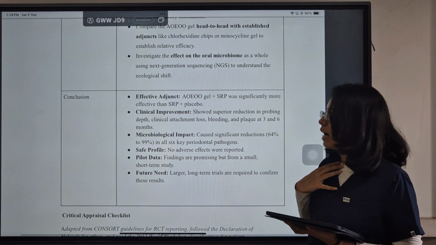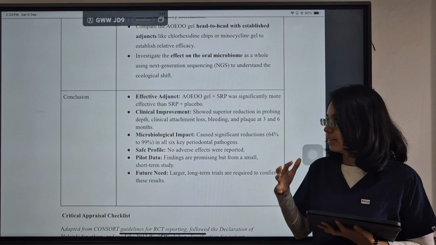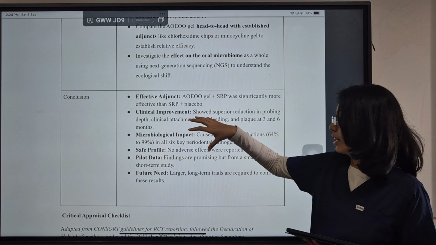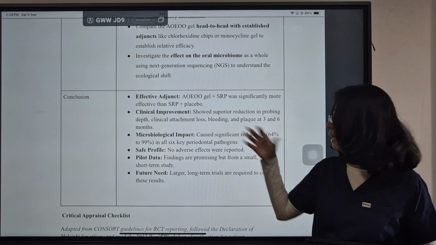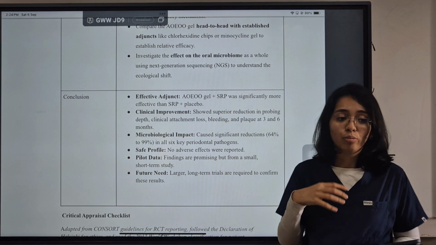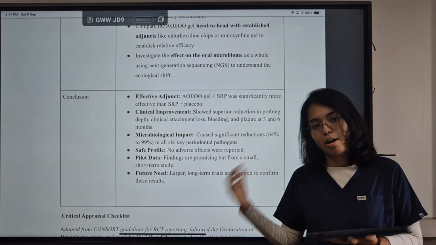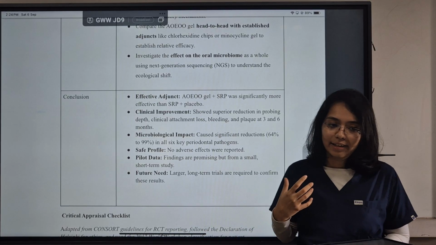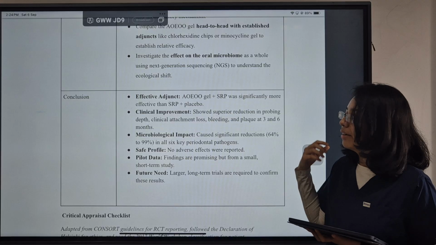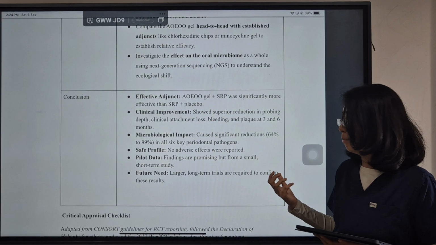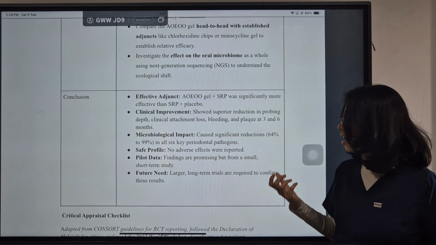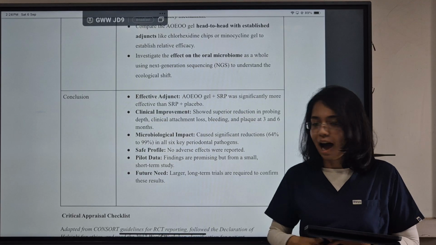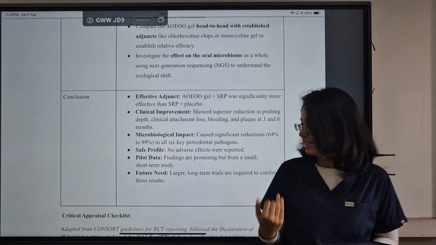So to conclude, this study said that ozonated gel plus scaling and root planing was significantly more effective than the normal scaling and root planing plus the placebo. Patients showed clinical improvement, with a superior reduction in probing depth, clinical attachment loss, bleeding on probing and plaque index at both 3 and 6 months.